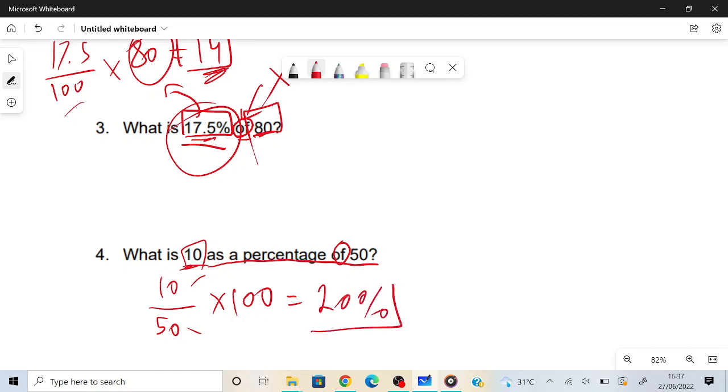Make sure you do know your units, because it asked what is 10 as a percentage, so percentage here. So if it was maybe, say, what is 9 as a percentage of 300, all you would do is 9 over 300 times 100, and you would have your answer as 3. So 9 is 3% of 300. So whenever you have a question like that, take the smaller one as a numerator, bigger one as a denominator, multiply by 100.